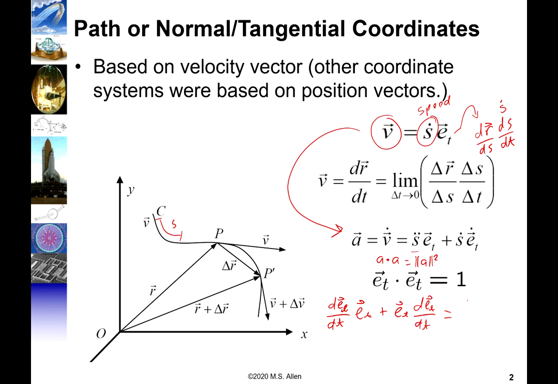And because we have 1 on the other side, this has to be equal to 0. Order of operations doesn't matter for a dot product, so this just becomes twice the derivative of et with respect to time dot et, and that's equal to 0. In other words, et dot dotted with et has to equal 0.